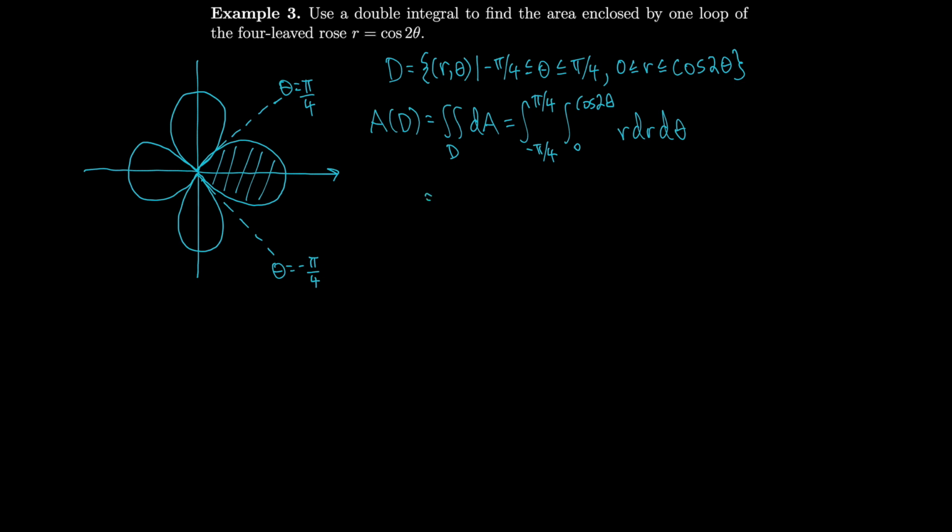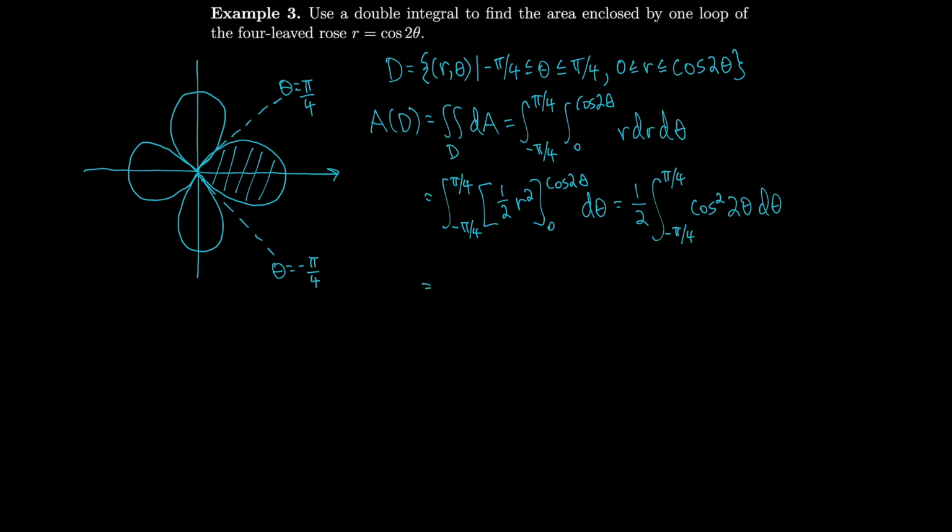So then that becomes the integral from minus pi over 4 to pi over 4 of half r squared from 0 to cosine 2 theta d theta, which is just half times the integral from minus pi over 4 to pi over 4 of cosine squared 2 theta d theta when you plug in 0 and cosine 2 theta.